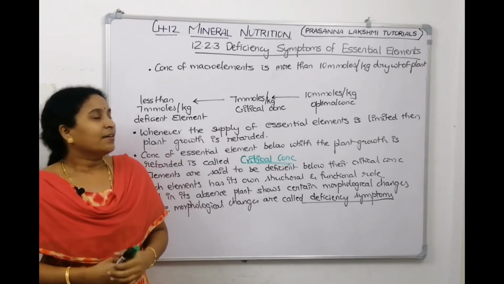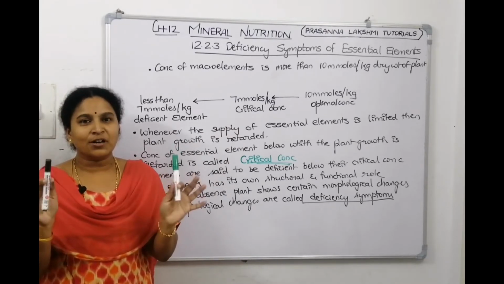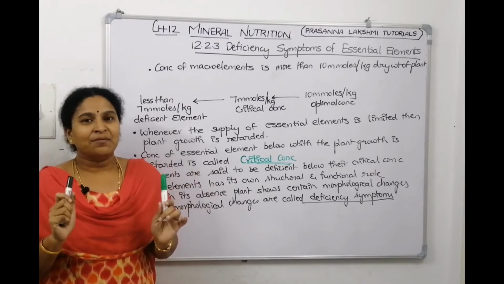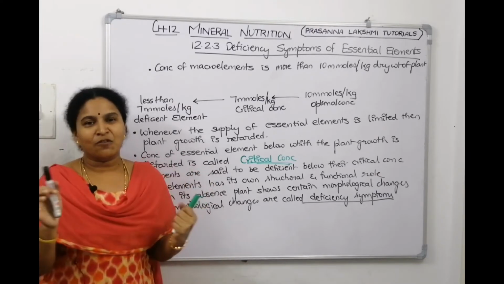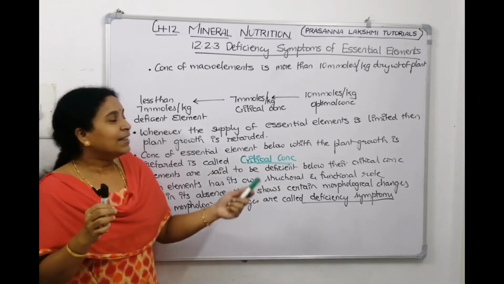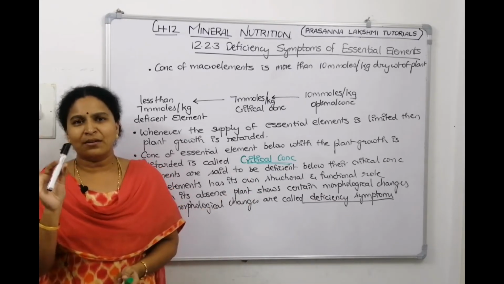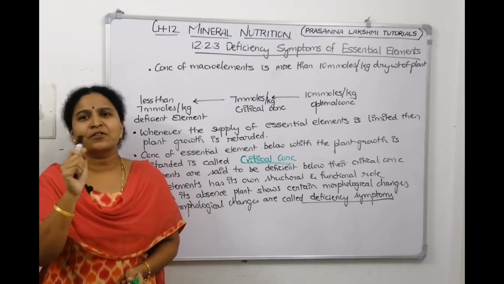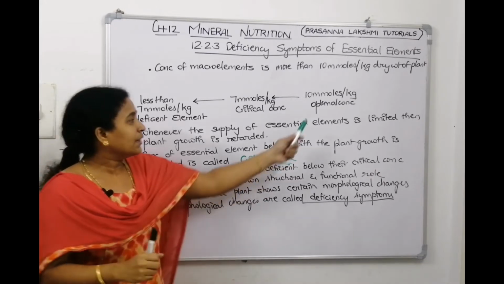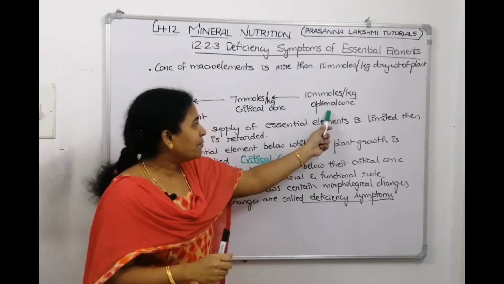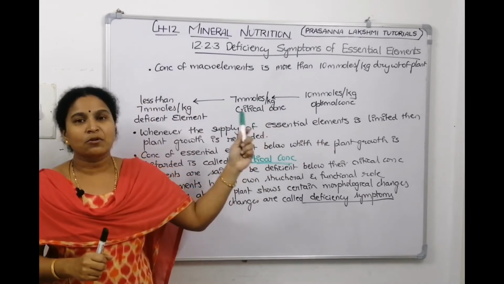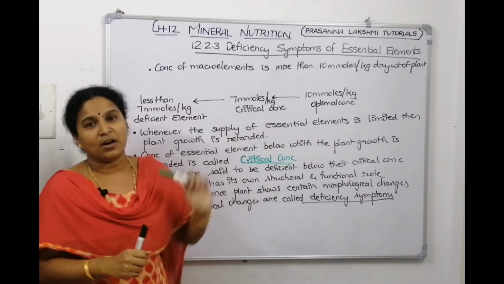Like I gave you 2 chocolates, you will be happy. Now I took off 1 chocolate, then also you will be okay, 1 chocolate is still there for you to eat. Like that, if the concentration decreases from 10 millimoles to 7 millimoles, then it is called critical concentration.